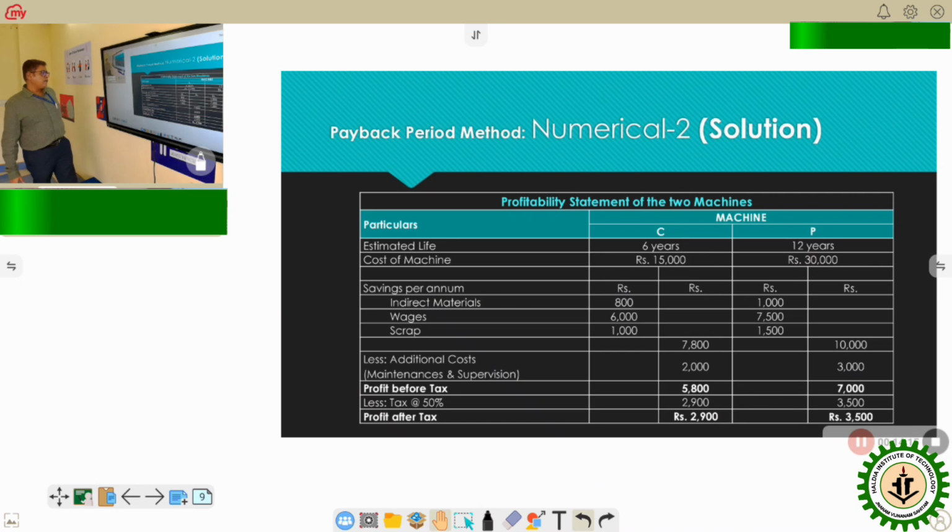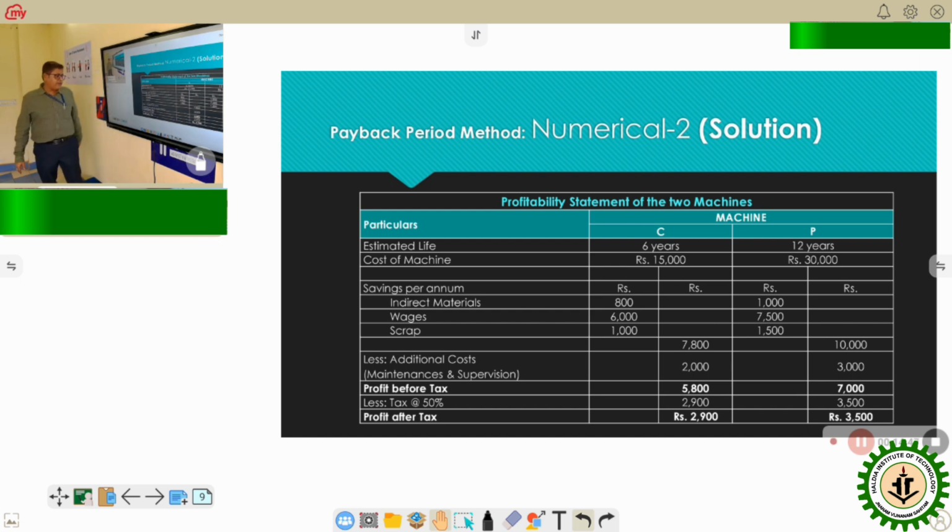From here we calculate the annual profit before tax by subtracting the total cost from the total savings. From 7,800, subtracting 2,000, we get 5,800 as profit before tax. Profit before tax means the tax is not yet deducted.